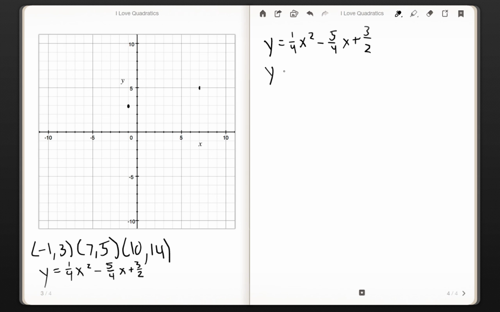Root form would be if we factor this. So how can we factor this? We have fractions and everything. Well, what we want to do is get rid of the fractions, so we can factor out a fraction so that they become whole numbers. Here we're dividing by 4, and here we're dividing by 2. So if we factor out a 1/4, then all the fractions are going to go away. We'll get x squared minus 5x.